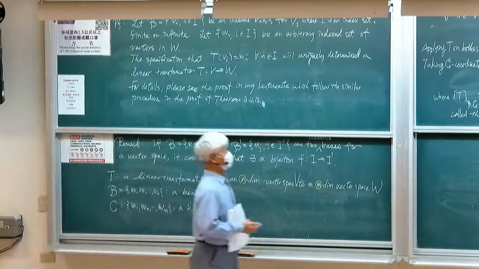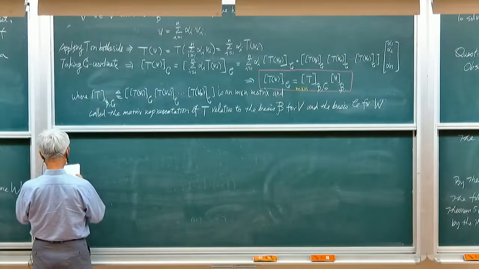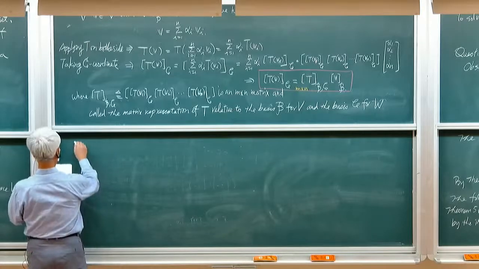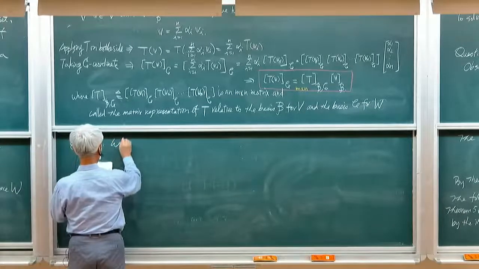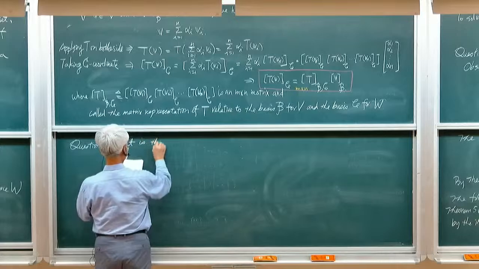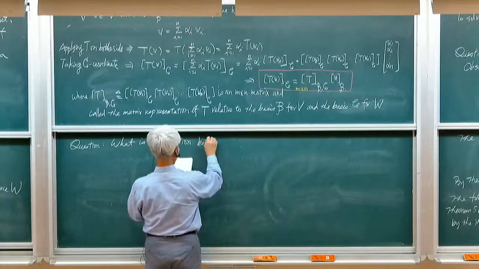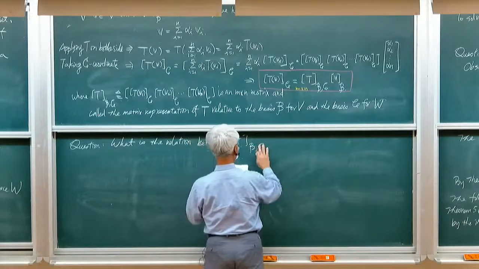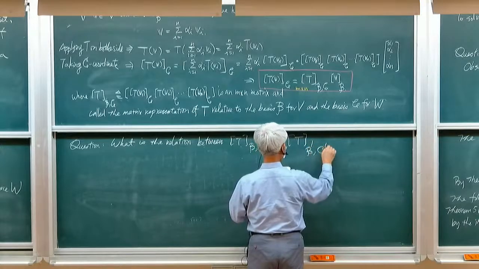All right, so now we have to deal with the problem. Question: what is the relation between two matrix representations, T for B and C, and T for B prime and C prime?